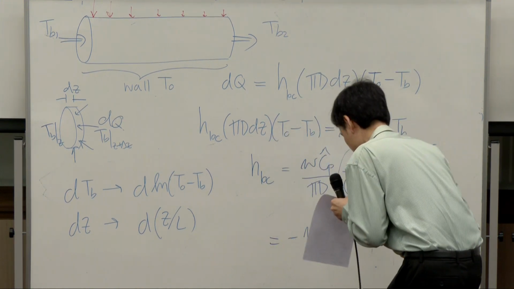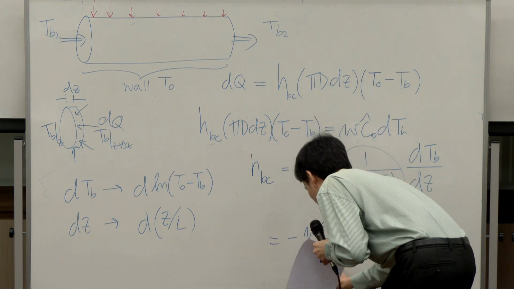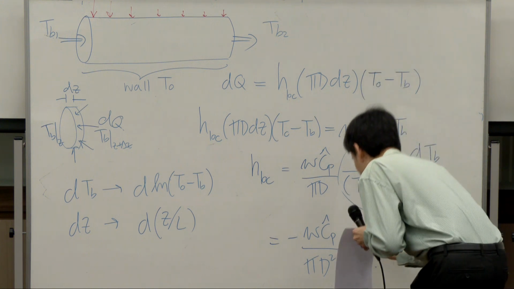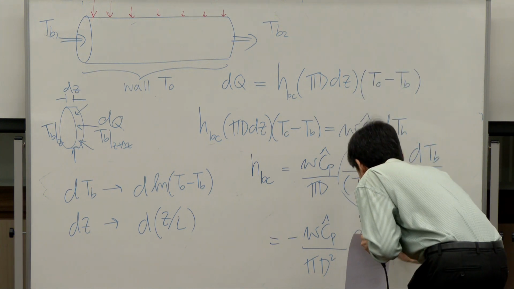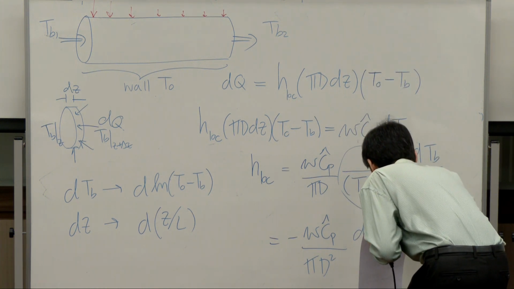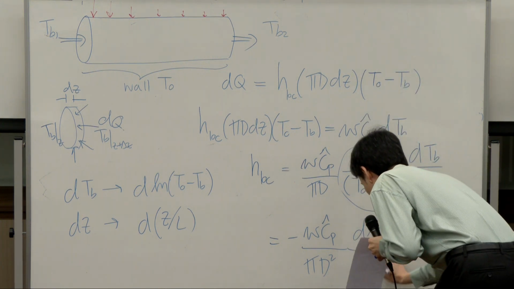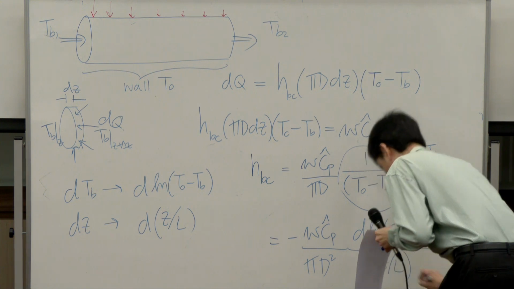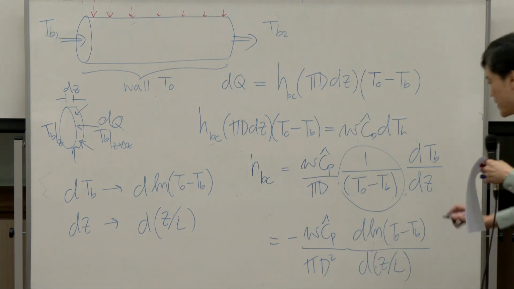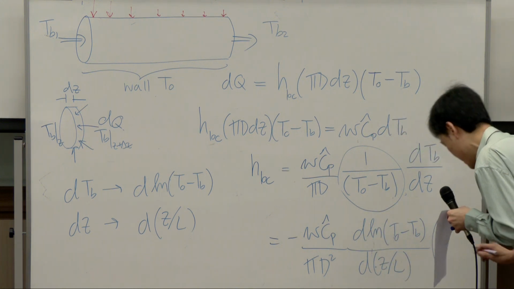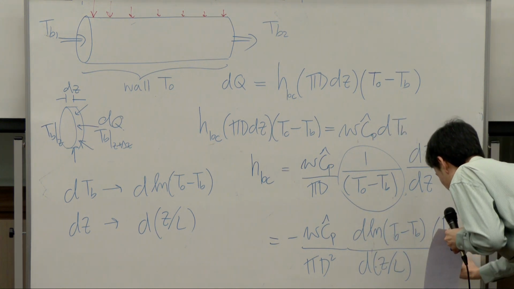If I do that, I will get WCP and minus up here divided by D squared D ln T0 subtracted by TB divided by D of Z over L. I'm doing this simply because, in the process of changing this differentiation, I would end up with D over L here.